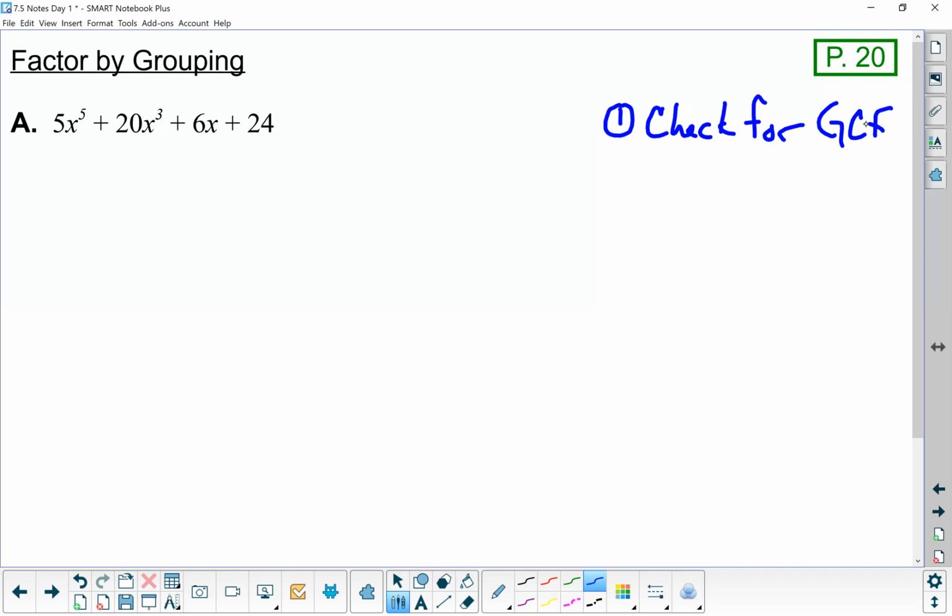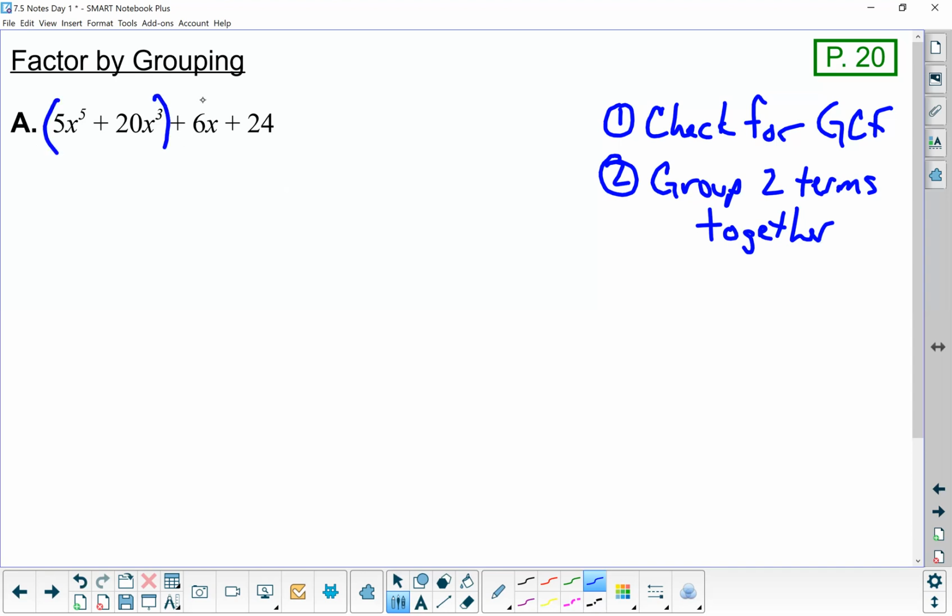The answer, no, not any, not just one. So we're good to go. Step 2, group two terms together. And most often, we'll group the first two and the last two.